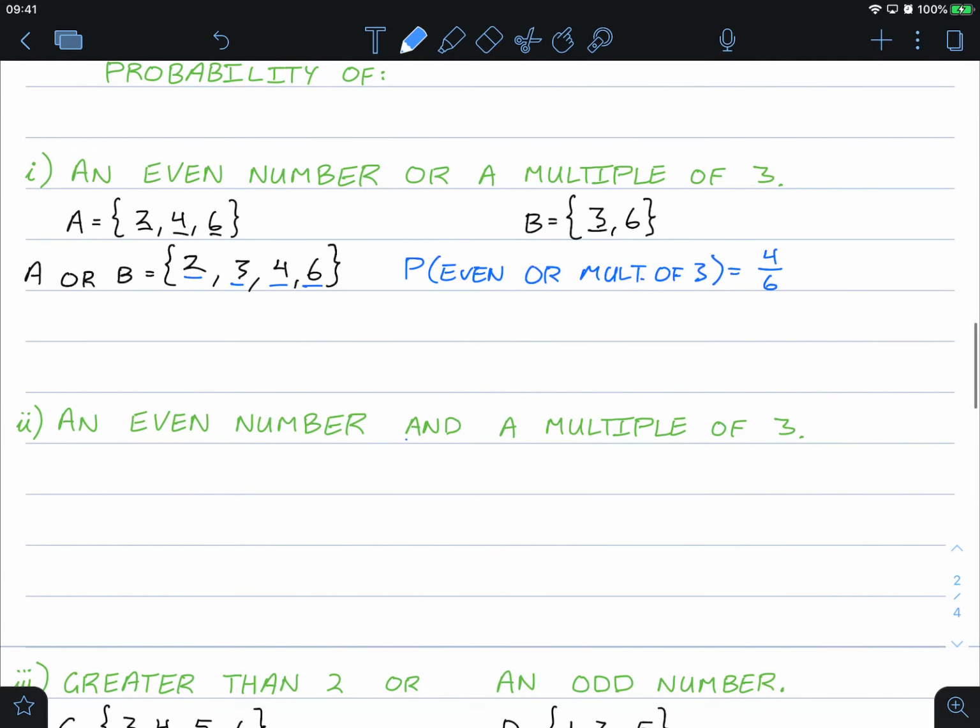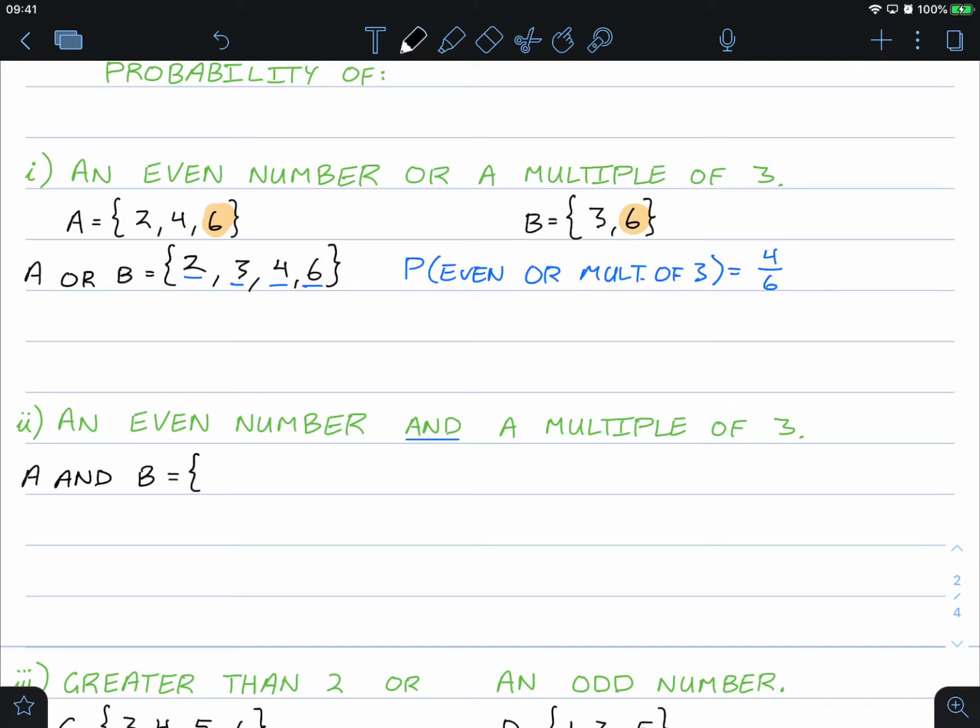An even number and a multiple of 3, well, A and B. Let's make the group for this. For this group, we will only look at the numbers that are common in both. If you take a look, I'm going to highlight it. 6 is found in both.